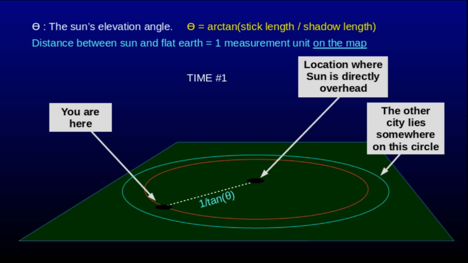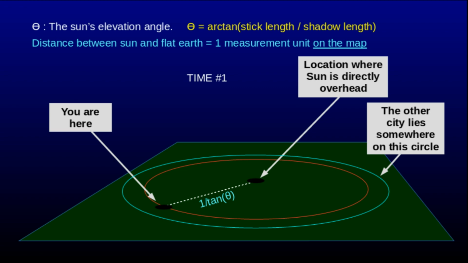Now from where you're standing, if you ask your friend for the angle, you can plot the circle of where he is, but you don't know exactly where on this circle you must place him on your map. So all you know at this point is that your friend who did the measurement for you in another place lives somewhere on this circle.